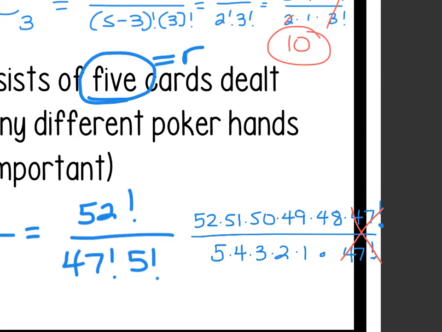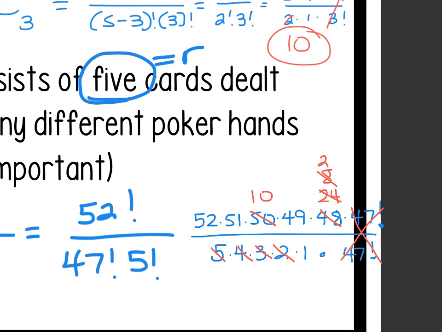The 47s cross out. 2 goes into 48 24 times. 3 goes into 24 8 times. 4 goes into 8 2 times. And 5 can go into 50 10 times.